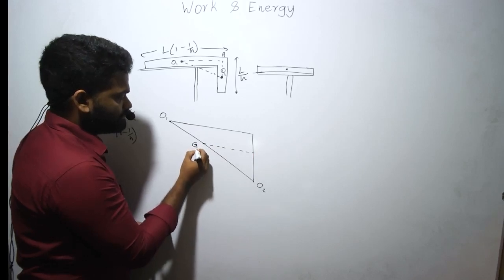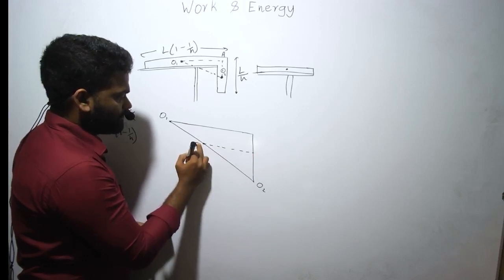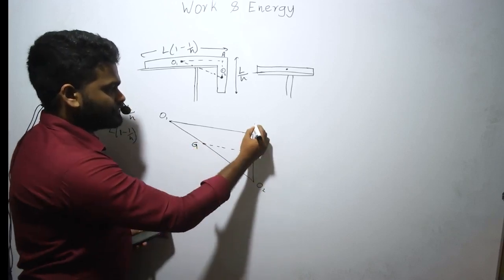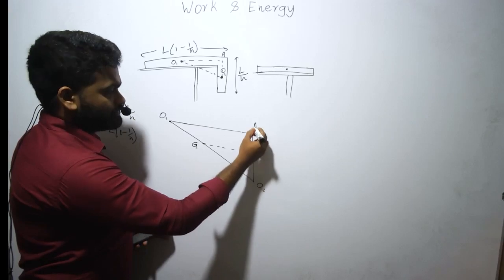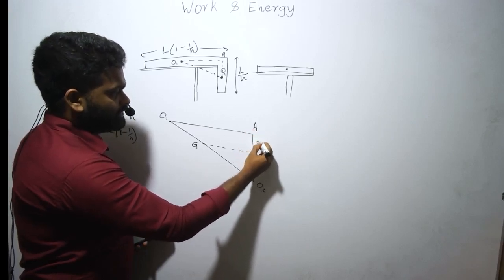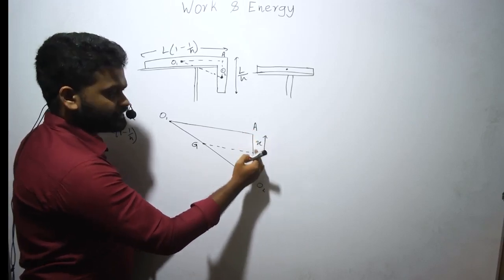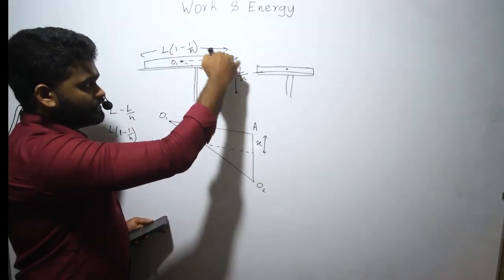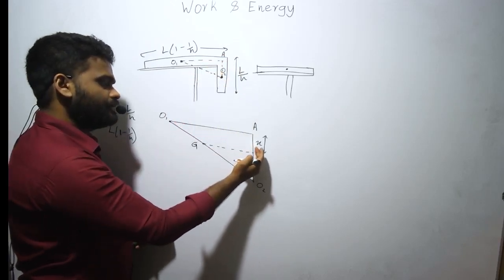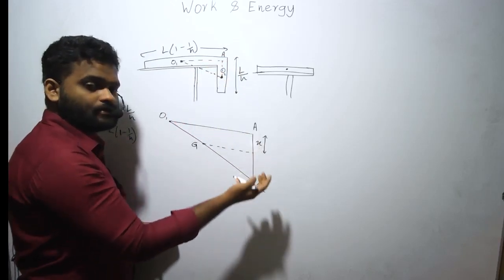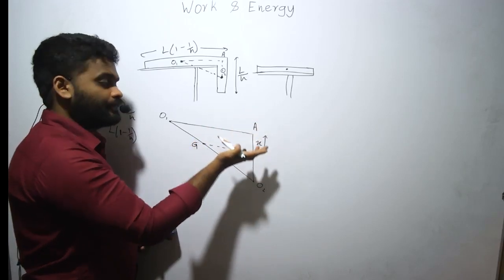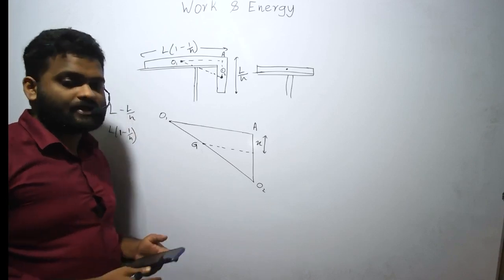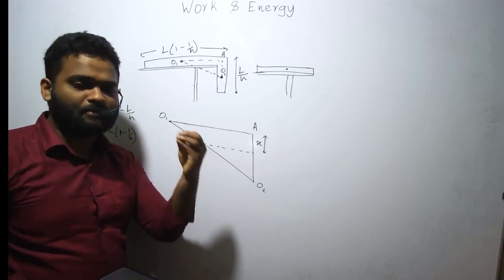Let's say that is G. So we took this as A, and let's say this length is X. This is what we need to find, the center of gravity below the horizontal line. If you can find X, this is the amount that you have to lift this system. So if you find X, you can simply get the increase of potential energy, which is the minimum work required.